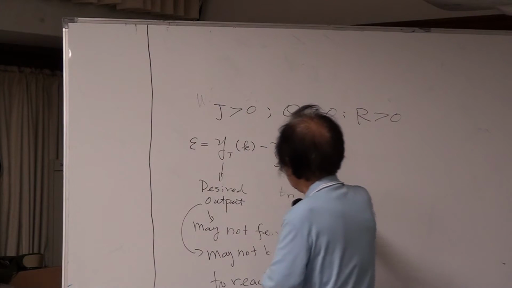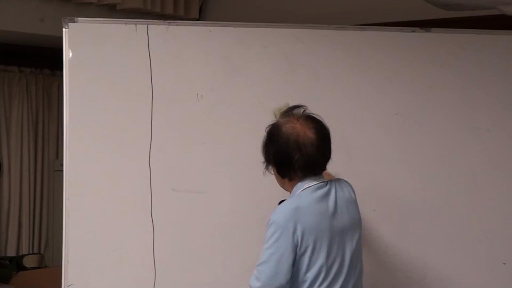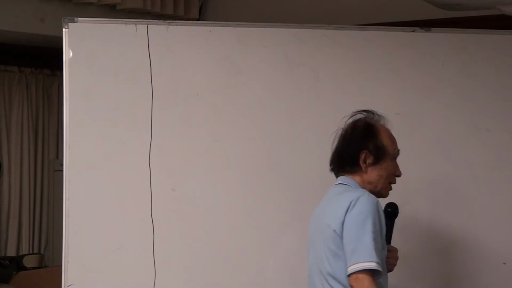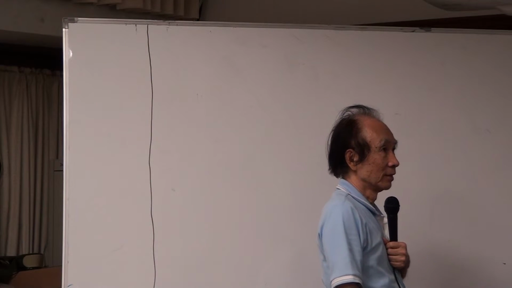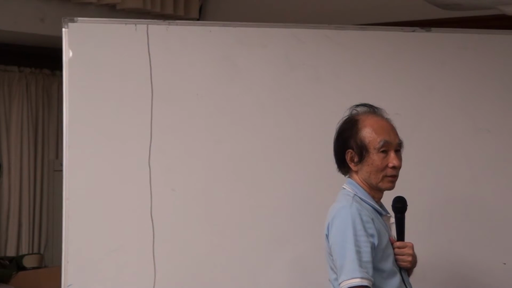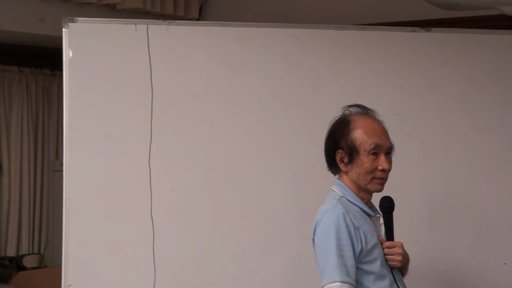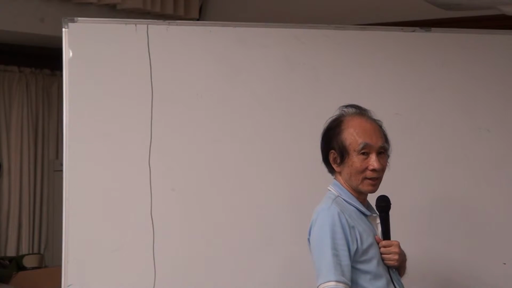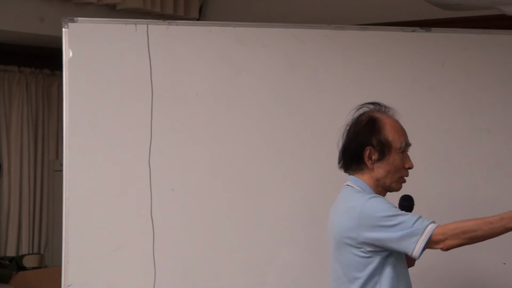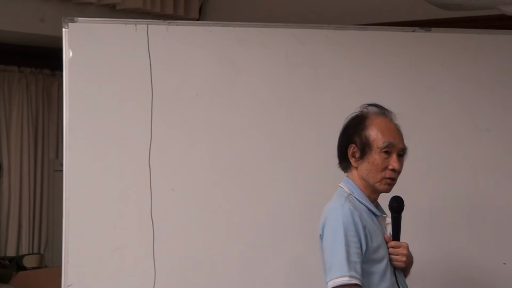So in general, in most of the cases, our desired output will be 0. For example, this building, I want it to be quiet, at rest, right? Even when the earthquake force comes in, I want my Y t to be just 0.